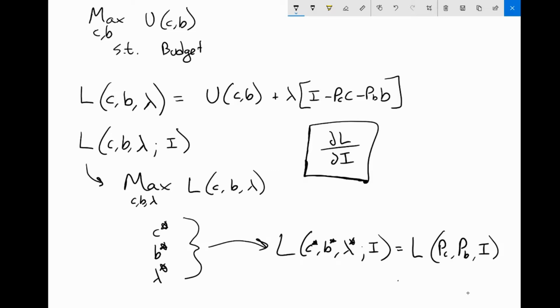And as I just showed you in the last solution, this would be equivalent to the utility function at the parameters. So I would have to solve all of this and then take the derivative of that utility function with respect to I. If I wanted to know how income affects the utility, I would have to go through all of those steps. But now let me show you a shortcut.